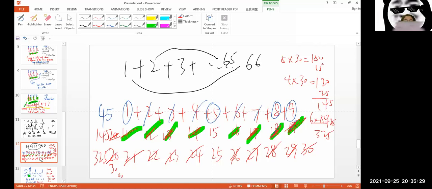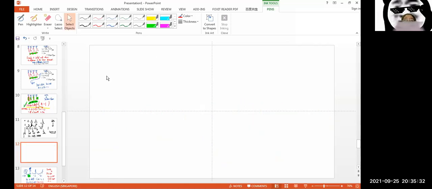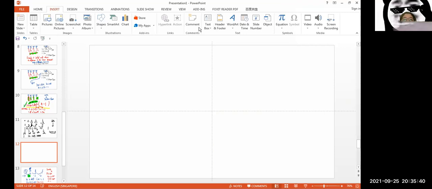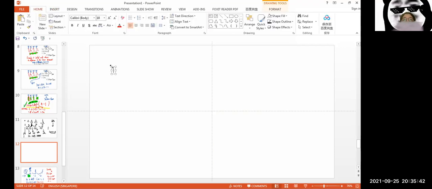Okay, this question. Computer skill, right? The question says this. Okay, let me type it up. Tommy wants to buy a red and blue bag.